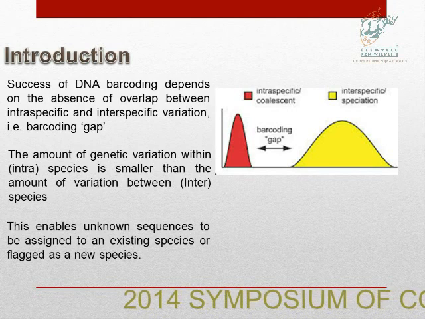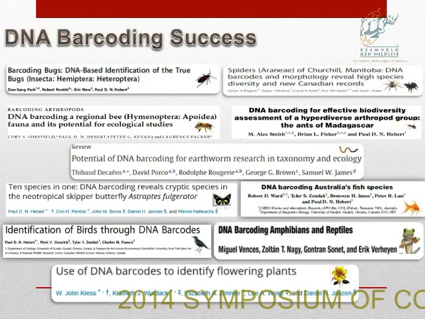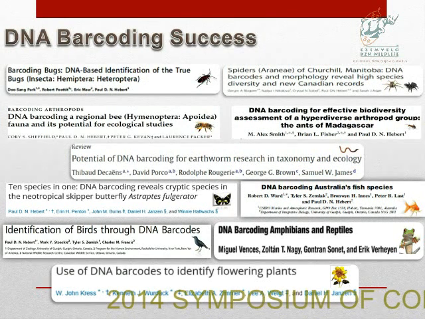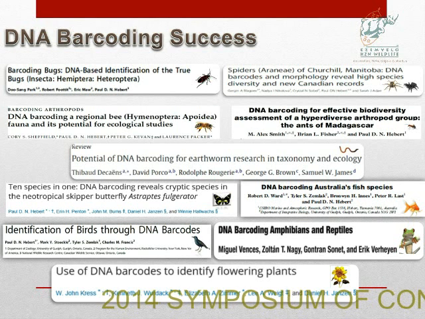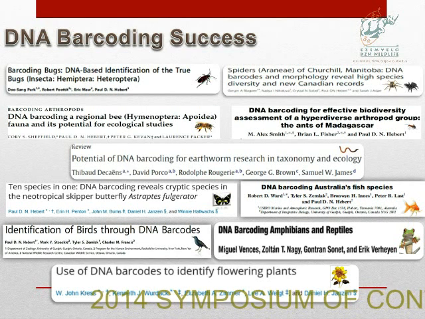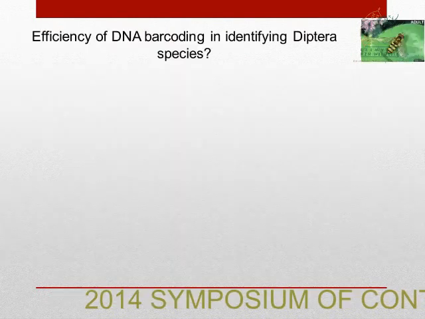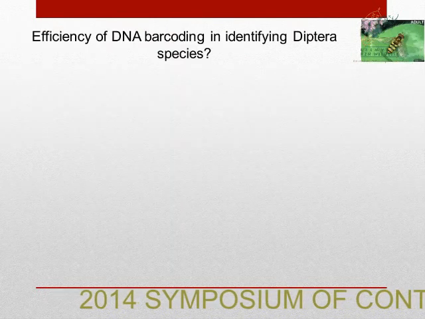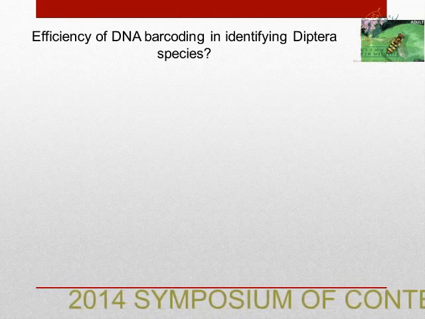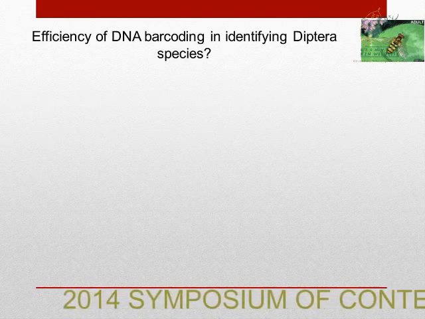DNA barcoding has been successfully used across a number of insects and has also been used to identify species belonging to fish, birds, amphibians, reptiles, and plants. Within the insect group, the efficiency of DNA barcoding in identifying Diptera species is still being questioned.